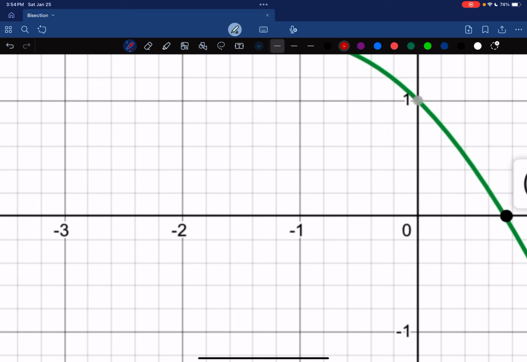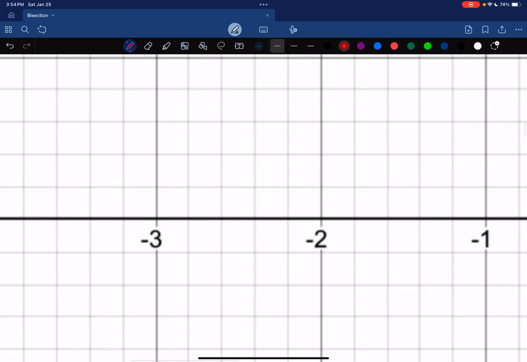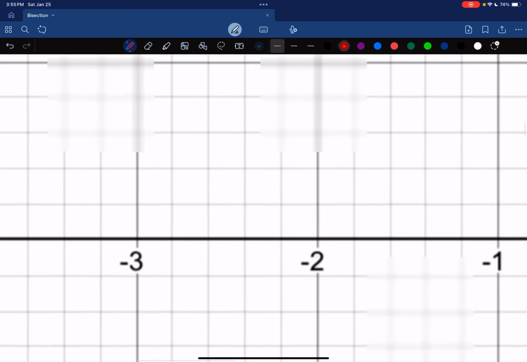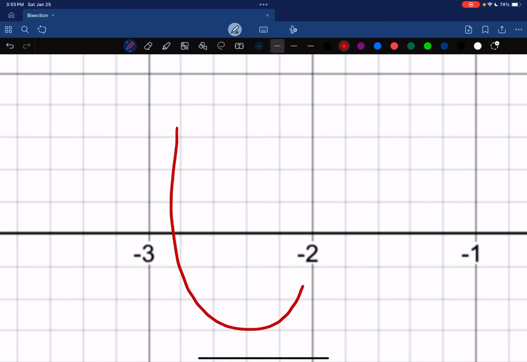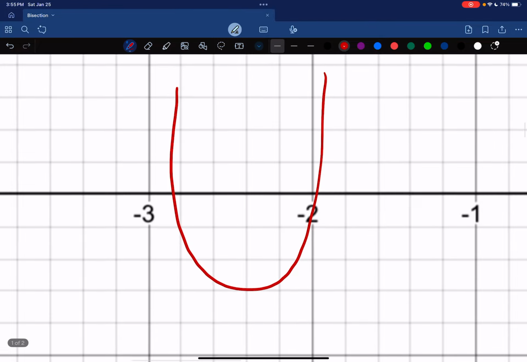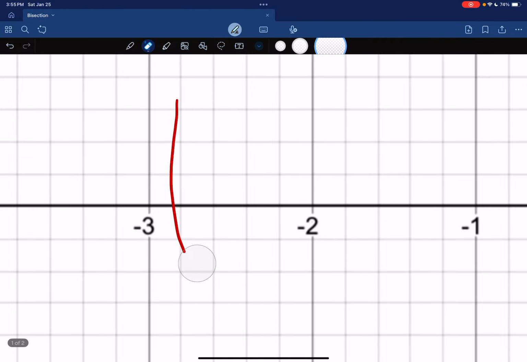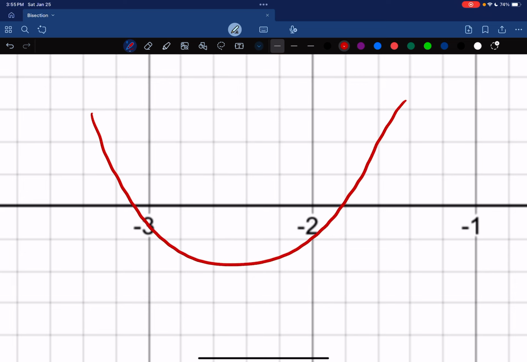It also works only for single roots in the interval. So if I have two roots, for example, if I have something like this, I'll show you both ways.